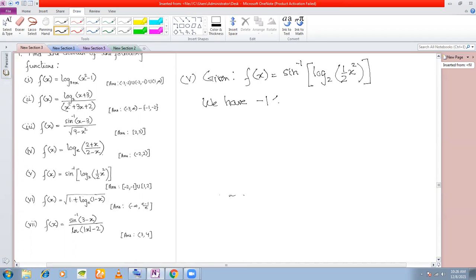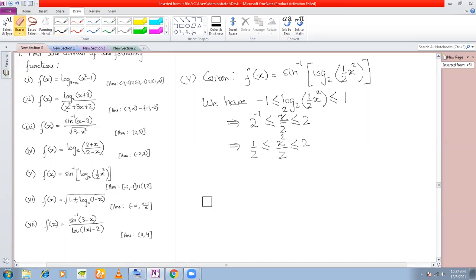So whatever is within the sine inverse, log to the base 2 of x square by 2, must lie between -1 and +1. Now from the definition of log, this means 1/2 is less than or equal to x square by 2, which is less than or equal to 2.